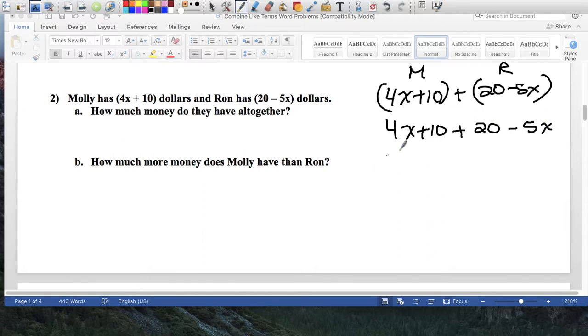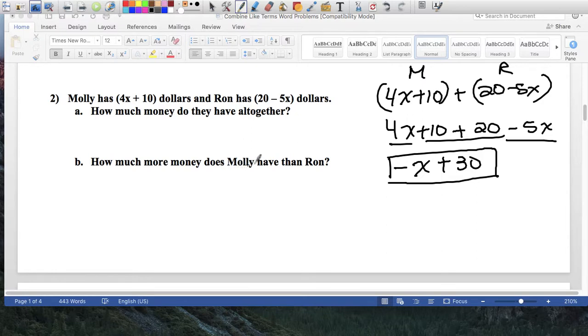So everybody comes out of the parentheses exactly the same way they are inside. Copy, add like terms together. So 4x and minus 5x, just be careful here. So it's going to give me negative x, right? And then 10 plus 20 is going to be 30. So that's going to be my answer. So combined, how much money do they have together? They have this much money.